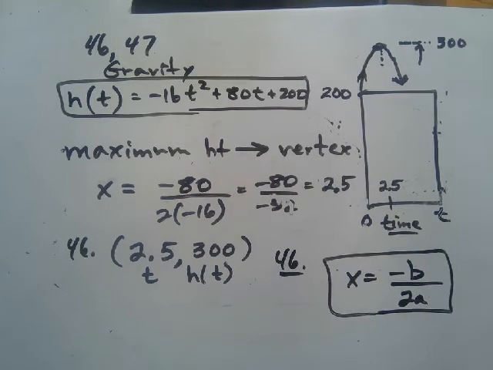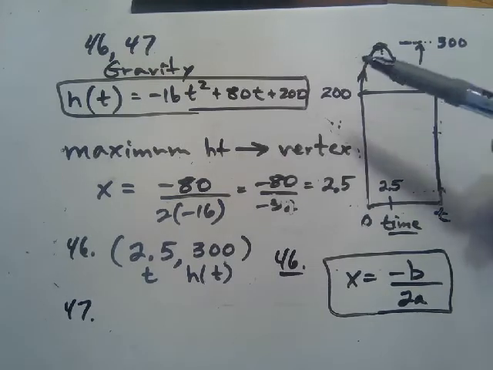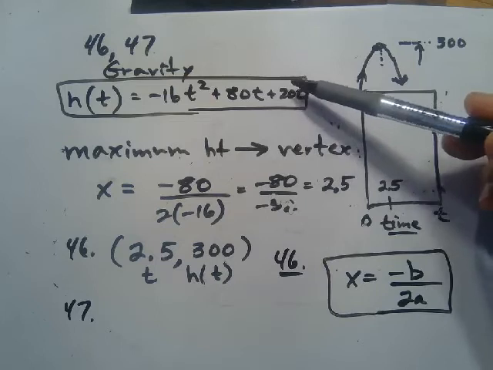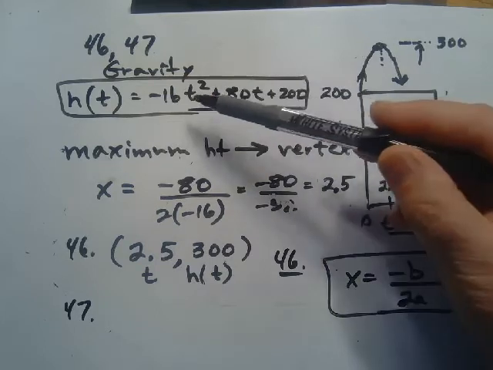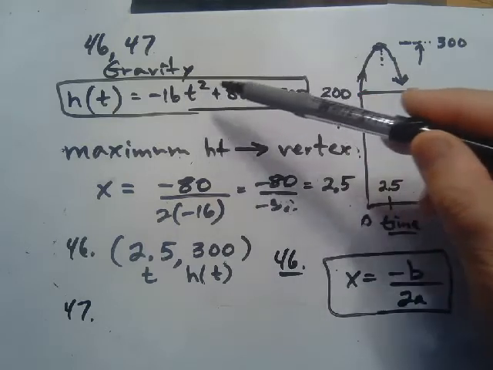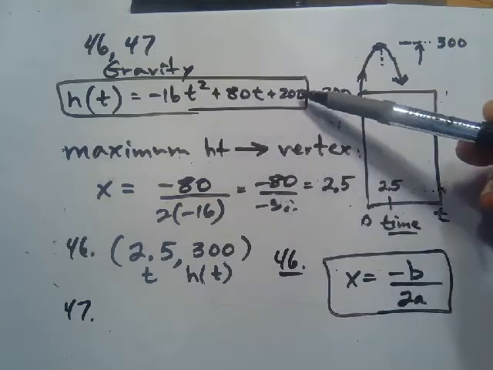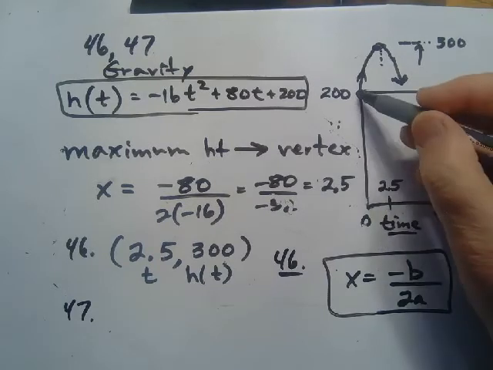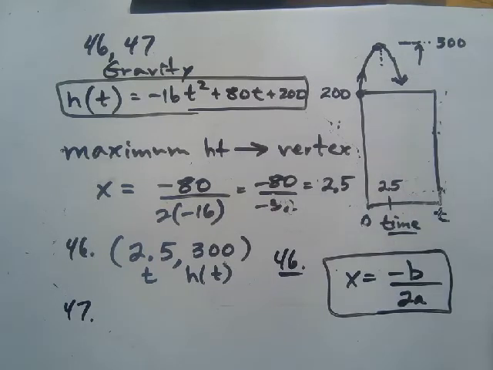All right, let's take a look at problem 47. And 47 says, interpret the meaning of the y-intercept in the context of the problem. Well, let's look back up here. See the y-intercept? The y-intercept is right here, because if x is 0, or t is 0, these both go out. They're gone. So the y-intercept is at 200. And you can see it from the picture here, too. Well, what's the meaning?